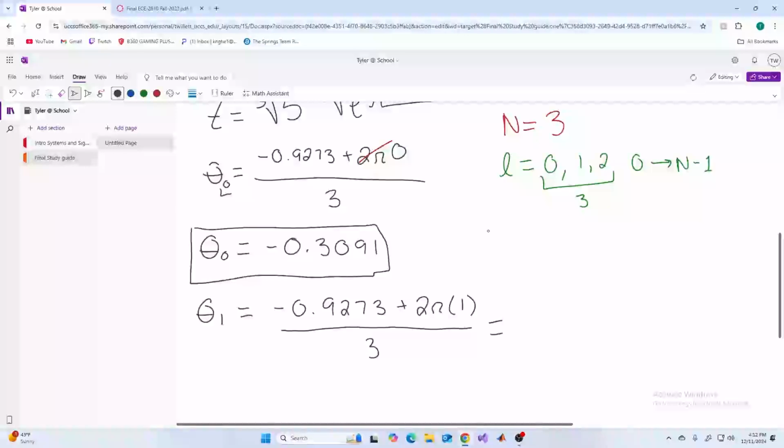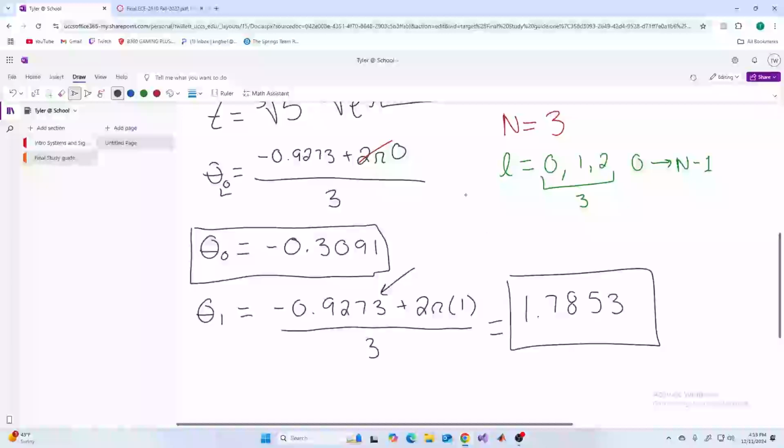All you're going to do is plug this into your calculator: negative 0.9273 plus 2 pi, all divided by 3, and I get 1.7853. Also remember, we're in radians, so make sure whatever value you got is in radians. So this is our next number. Now we go to our final number.